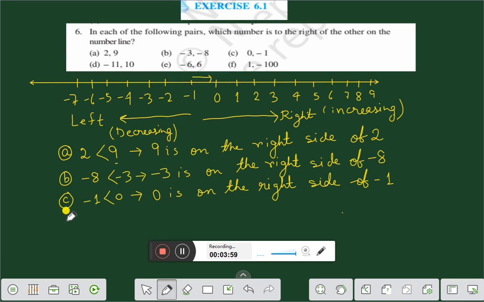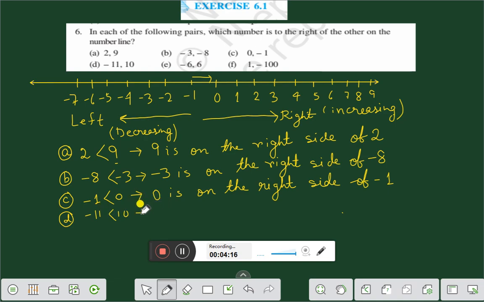Question number D is minus 11 and 10. Which one is greater? 10 is greater. Minus 11 is less than 10, or you can say 10 is greater than minus 11.